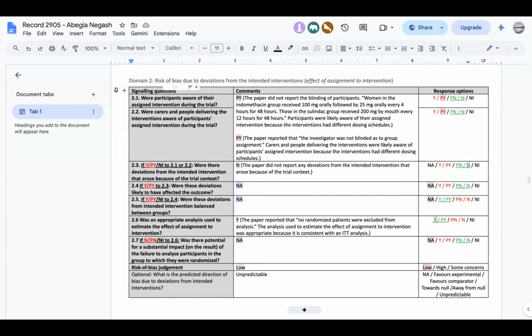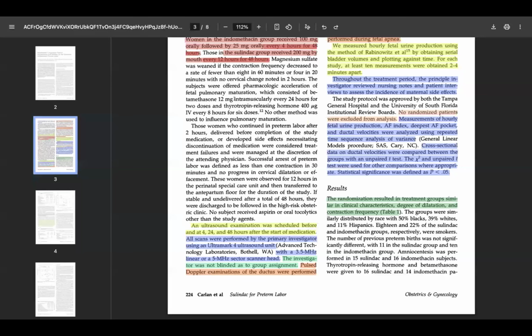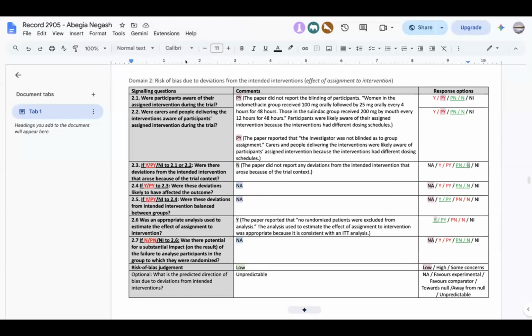I agree with that, but can we make an assumption if it doesn't explicitly say that the primary investigator had no part in providing the NSAIDs? I guess the question is, how much of an assumption are we allowed to make?